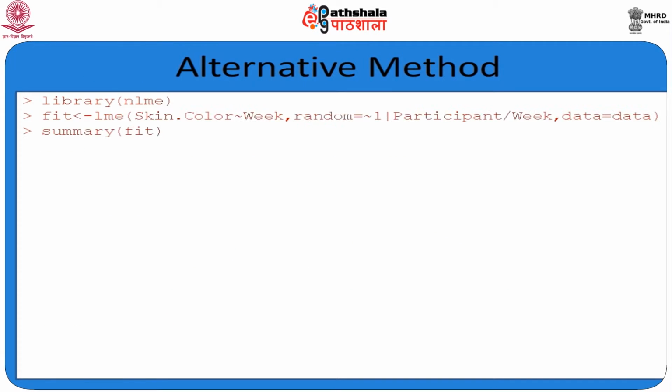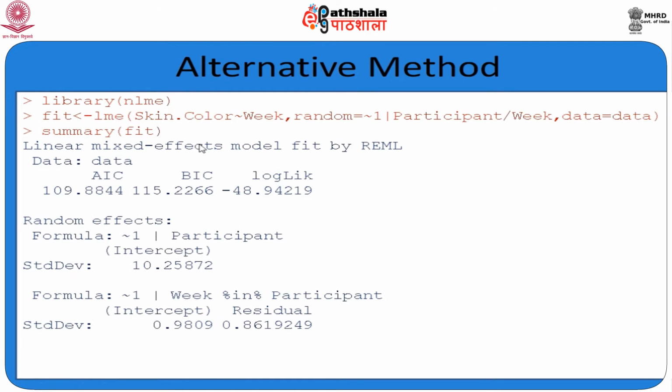Alternatively, I use the library nlme, where in this library there is a function called lme, that is linear mixed effects model. That function can be used in this fashion: skin color, then week, and then comma random equals, that will assign 1 given participants by week, and data equals data. Then get the summary, and the summary will be generated in this fashion.